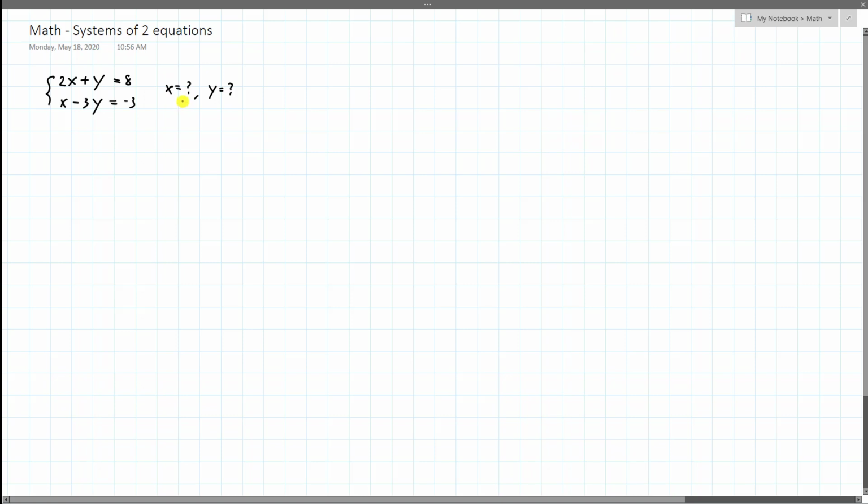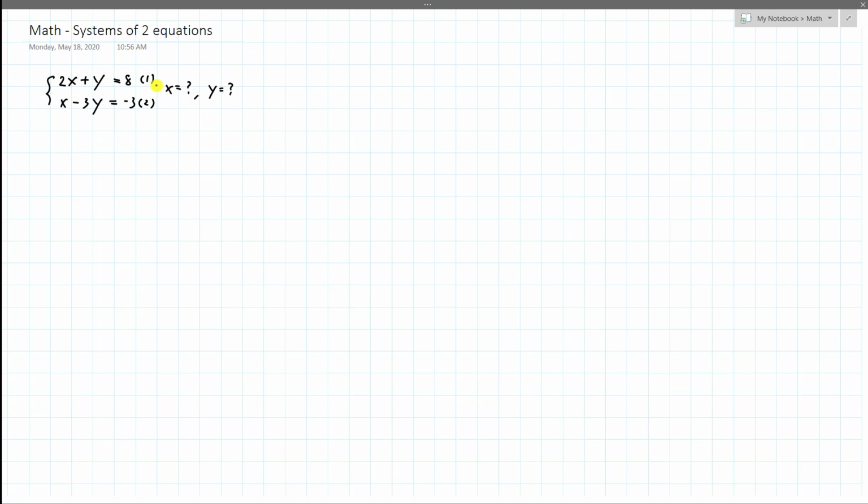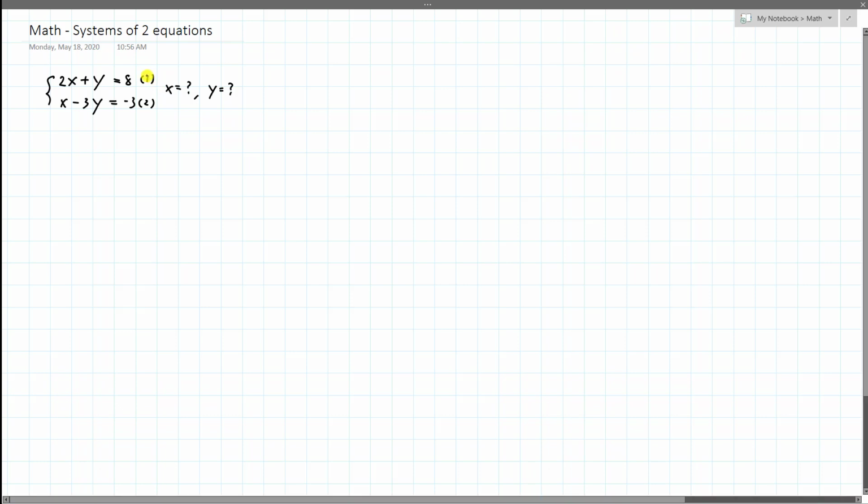There might be different ways to solve problems like this, but I like to teach a typical method that is not the quickest, not the slowest, but the sure thing that you can use to solve problems. So first I numbered the equations because I can always refer to the equation by their numbers.